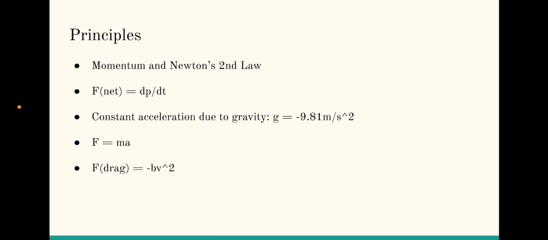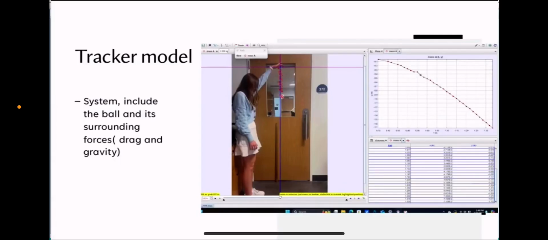This constant acceleration was used in the computational model where we did not account for drag. We also used force equals mass times acceleration, and the force of drag is equal to negative bv squared, with this b being a constant for drag that we solved for.